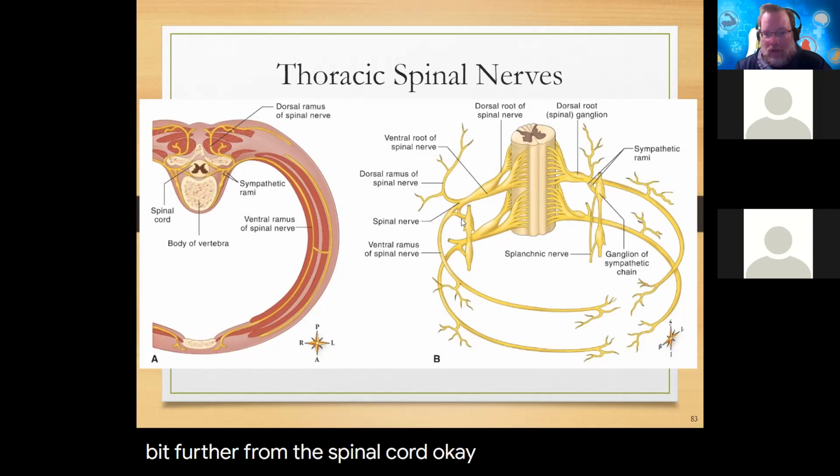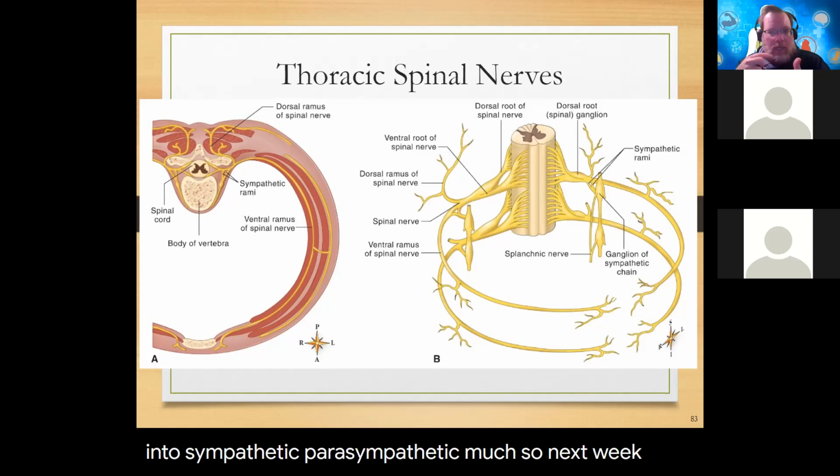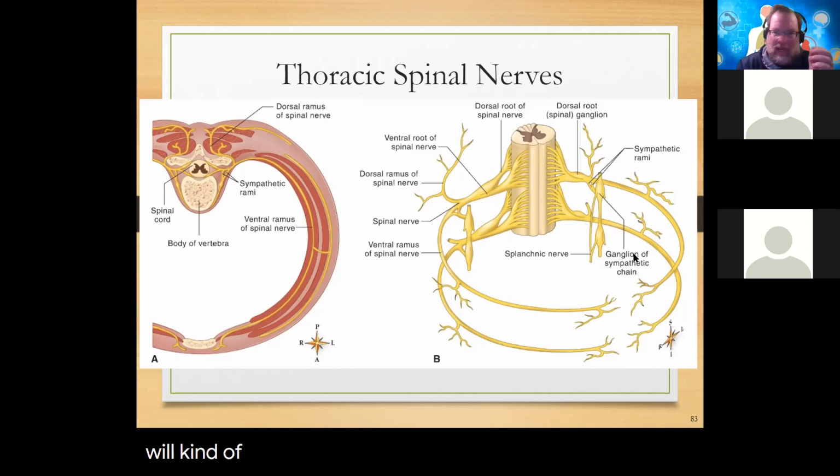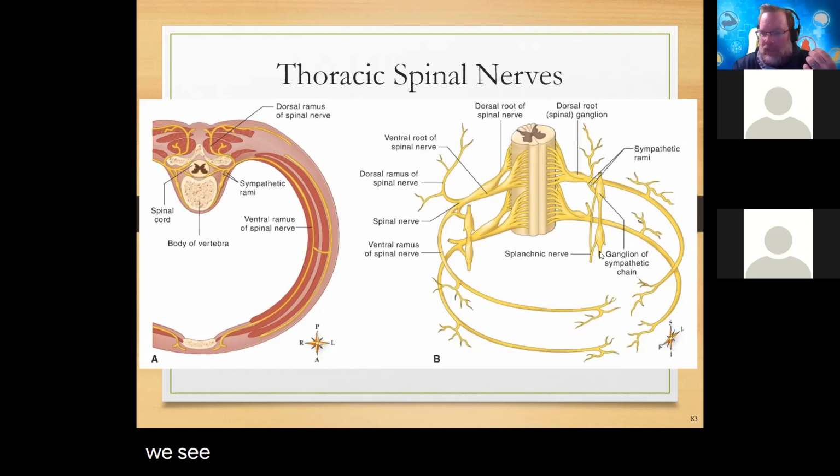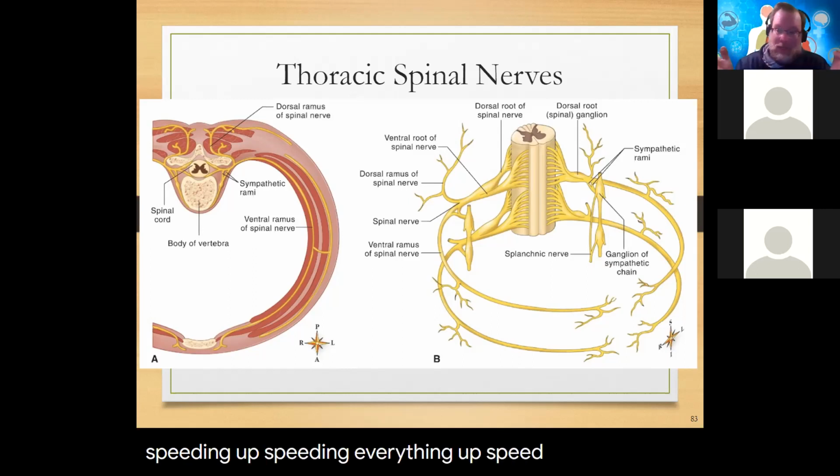We also have what are called chains. Specifically, we have what's called a sympathetic chain, and we haven't really gotten into sympathetic and parasympathetic much. So next week, when we study the autonomic nervous system in more detail, we'll refer back to the sympathetic chain. I'm just introducing it to you at the moment. The sympathetic has to do with stress, with speeding everything up, except digestion.